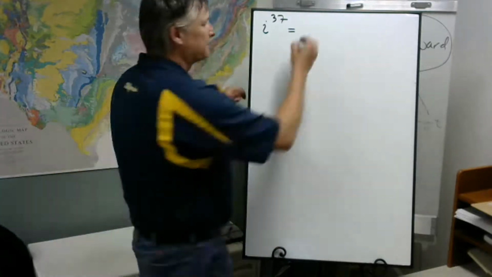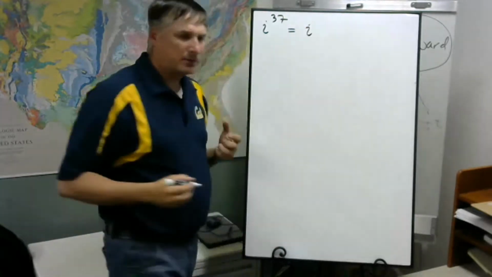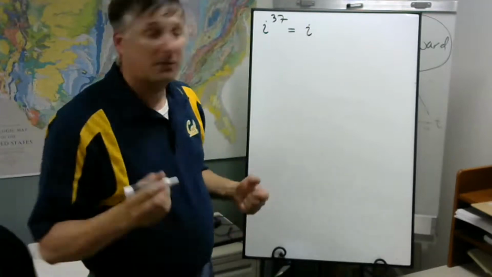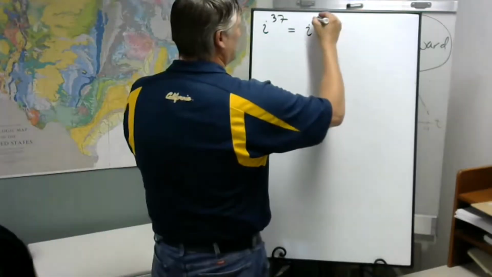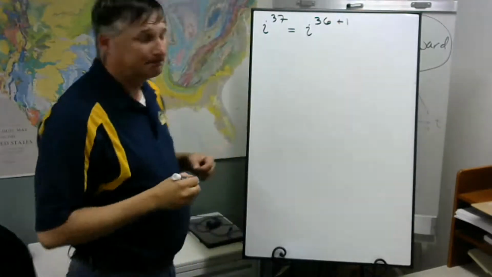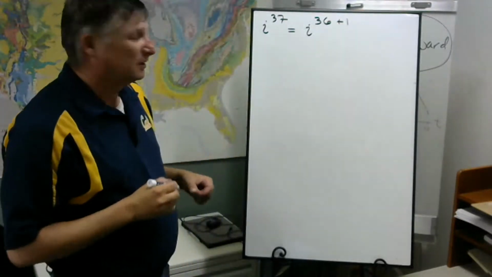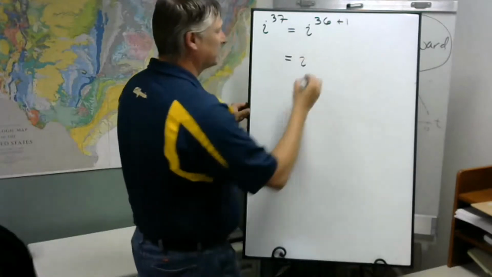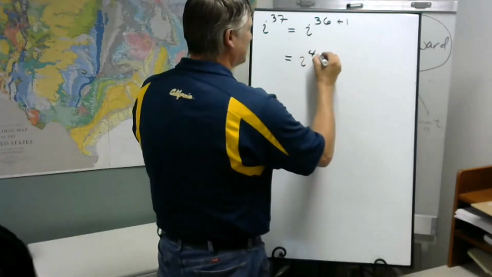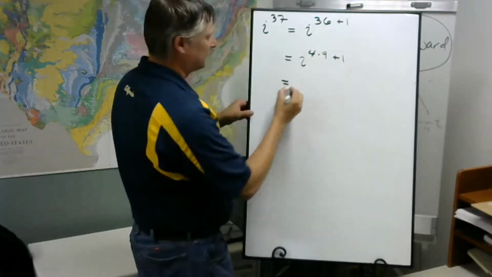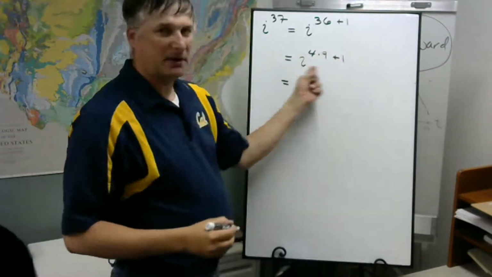The number we're looking for here, the largest such number that's a multiple of 4 but still less than 37, is 36. So we rewrite this as 36 plus 1. Well, let me show you what I'm going to do with this. Because 36 is a multiple of 4, it's 4 times 9. Now I'm going to break this up.